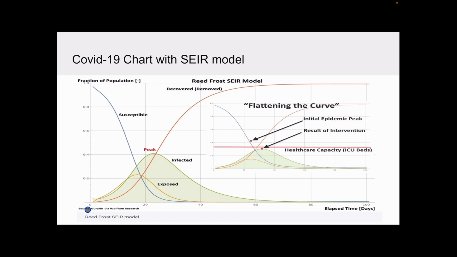So it's going to peak at this point, and it's going to go on a downward trend. And now the infected. So these are people that are very infectious. It's going to go on an upper trend, peak, and then flatten out. So this is the infected.